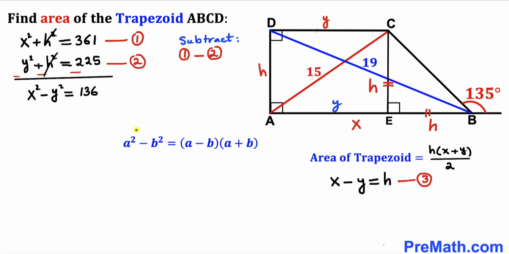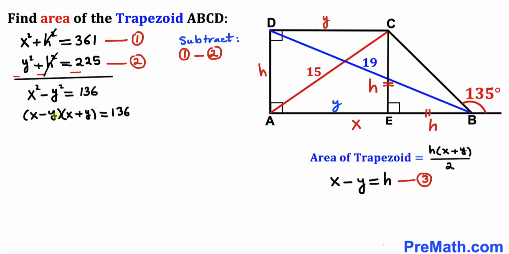And now let's recall this famous identity, a square minus b square, the difference of two squares, could be written as the product of the difference and the sum: a minus b times a plus b. So therefore the left hand side could be written as x minus y times x plus y equals 136, rather.